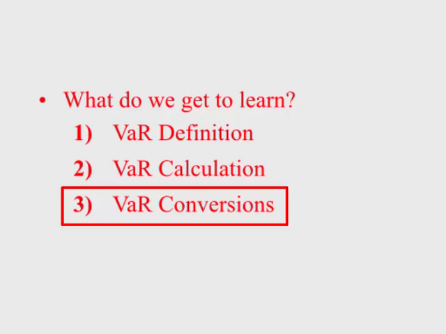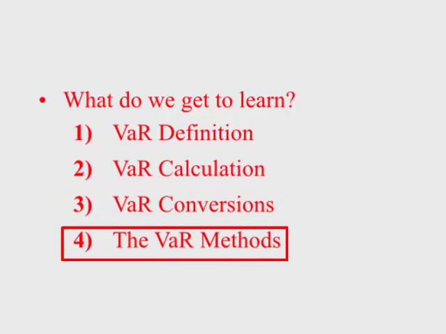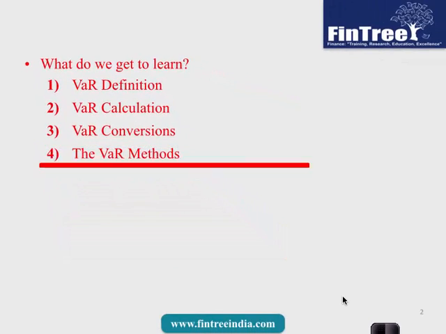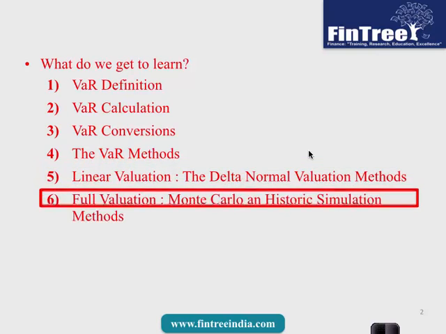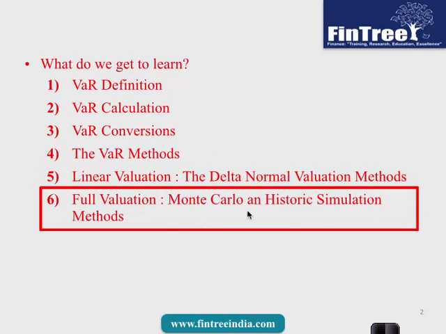So converting different time periods and also different confidence levels. Then we look at different ways of calculating those VARs. One way is linear valuation, which is called the delta normal valuation method. The other is full valuation, which includes two subtypes: Monte Carlo and historical simulation.